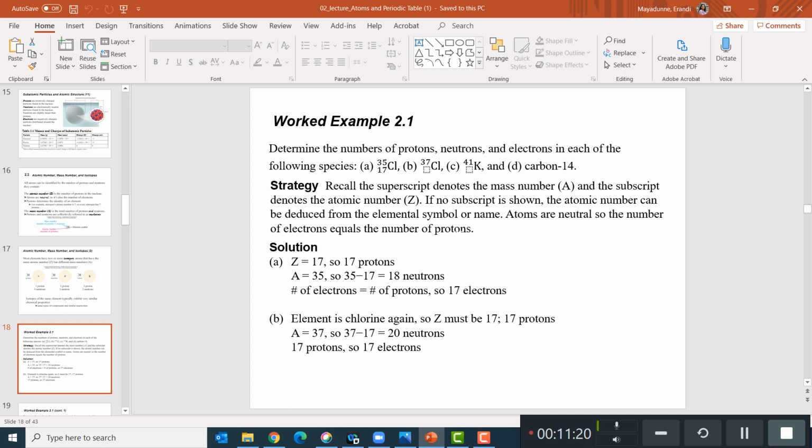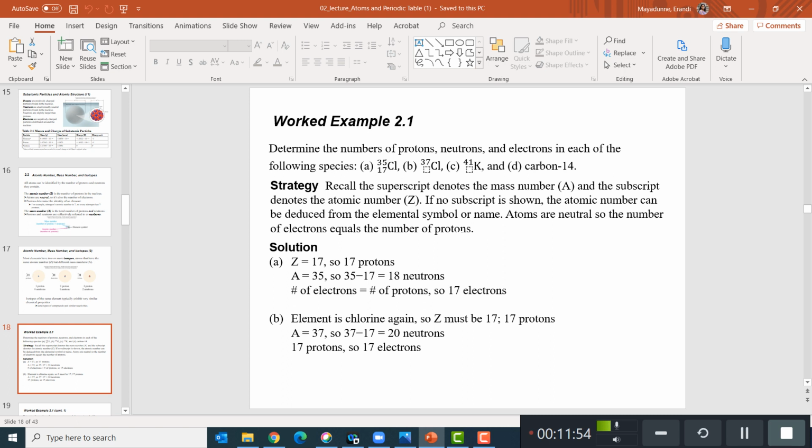Look at this one. So here, chlorine. You don't need to know chlorine is 17, because if you look at the periodic table, which you can take for the exam too, the atomic number of chlorine is 17. So 17, 37, you subtract, so it's 20 neutrons. Again, how many electrons? 17, because the number of protons always equals the number of electrons in a neutral atom.